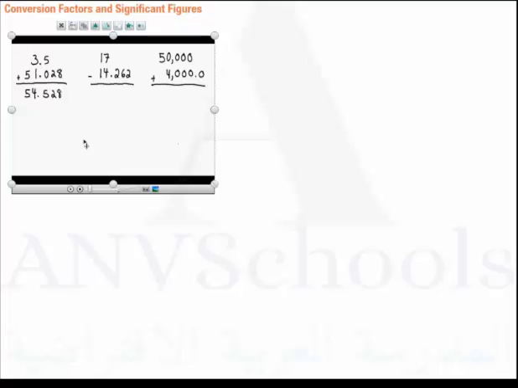Chapter 2, section 3. We were looking at conversions of numbers. We also looked at addition and subtraction of significant figures. We are going to review a little bit on addition and subtraction of significant figures using the video here.